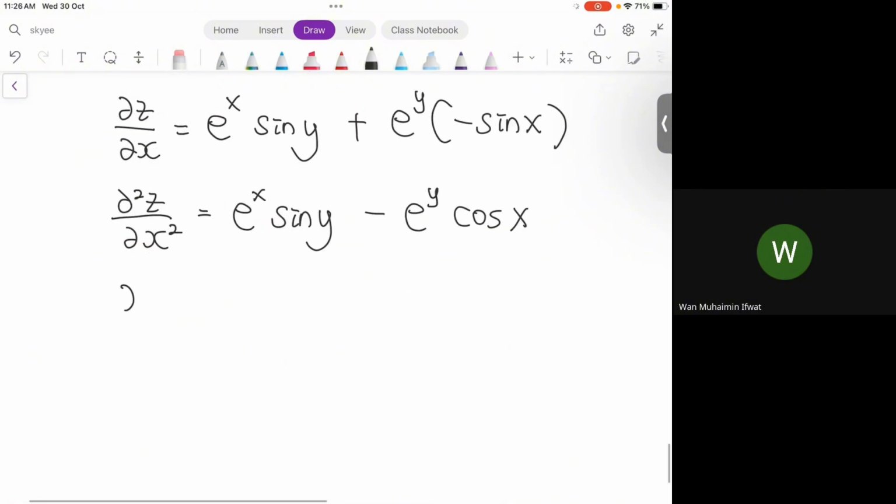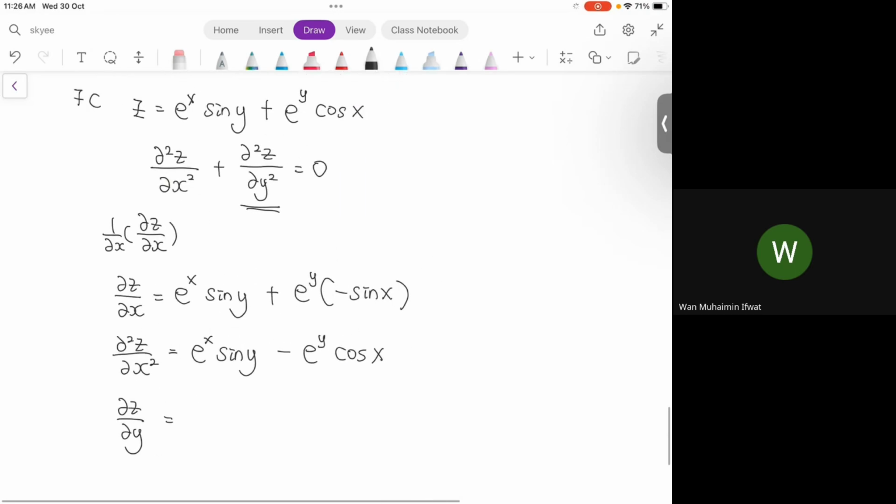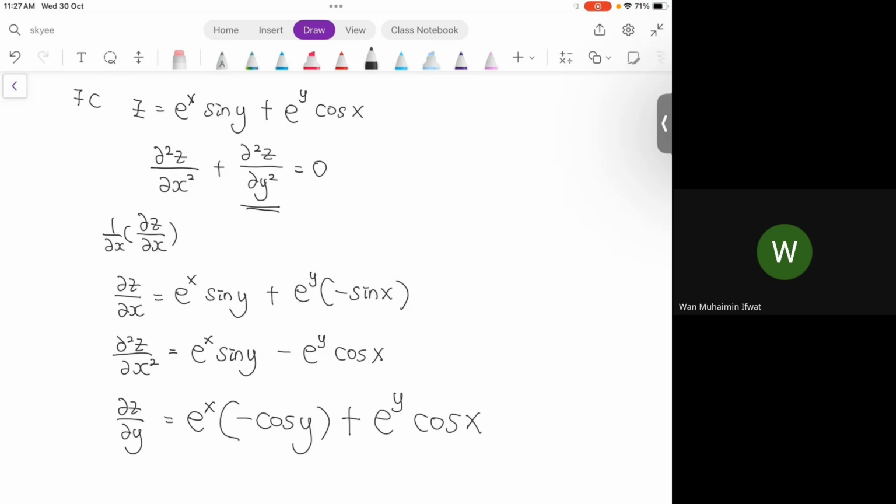Now we move on to del z del y. Differentiate with respect to y. The e to the x will be a constant, you copy it back. Sine will become negative cos y. And plus, now e to the y, when you differentiate with respect to y, you still get e to the y, and the cos x is a constant, so you just write it down again.